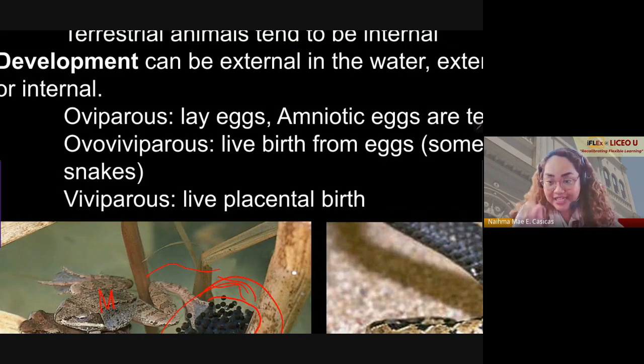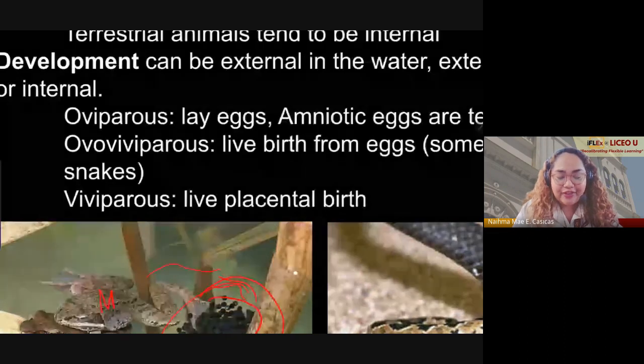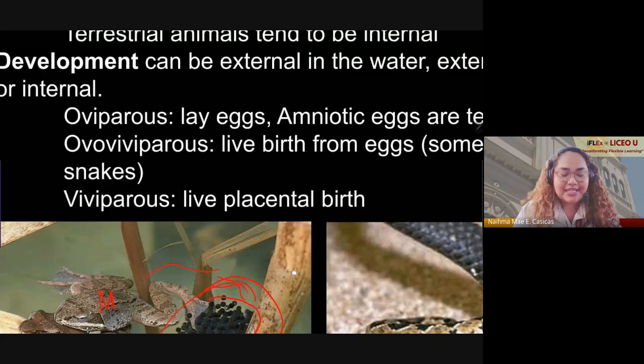Now, there are three ways in which these offspring develop. They can develop oviparously, ovoviviparously, or viviparously.